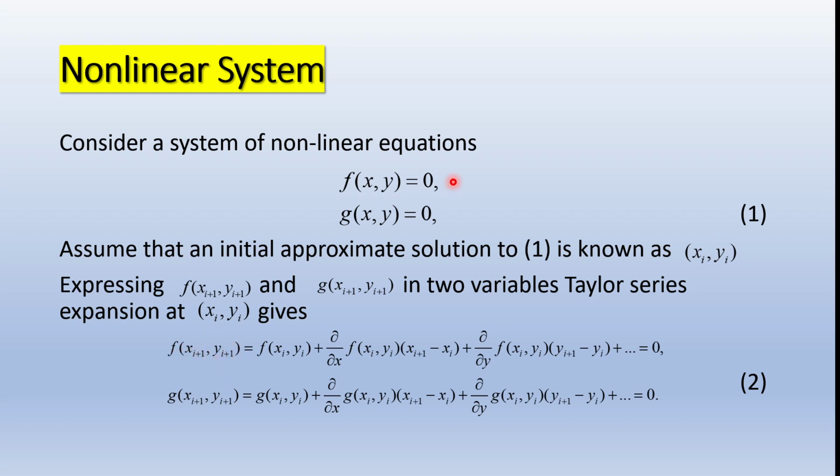So from equation 1, we get the first equation: f(xi+1, yi+1) is equal to f(xi, yi) plus del f del x multiplied by (xi+1 minus xi), which later we denote as delta x, plus del f del y multiplied by (yi+1 minus yi).